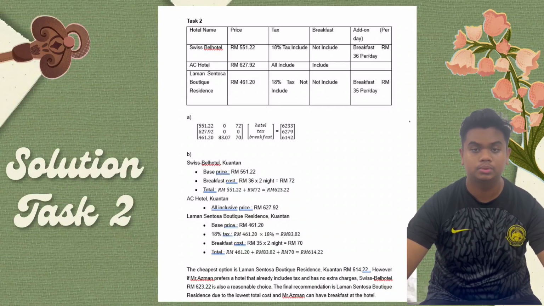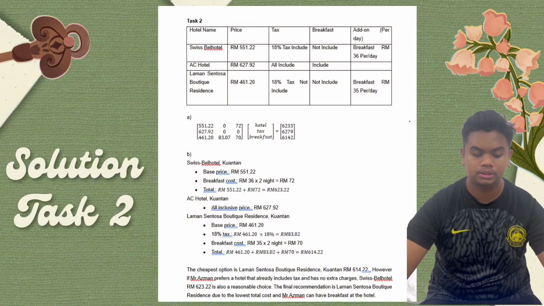For the AC Hotel Kuantan, the all inclusive price is 1627.92 ringgit. That means the hotel, the tax and the breakfast cost for the 2 nights is 1627.92 ringgit. For the last hotel, Laman Sentosa Boutique Resident Kuantan, the base price is 461.20 ringgit. Including the 18% tax, 461.20 times 18% equals 83.02 ringgit.